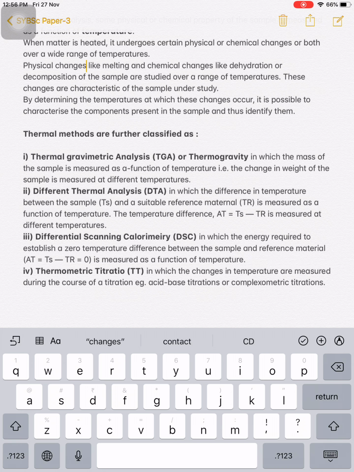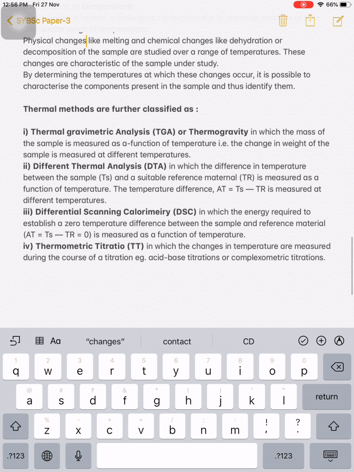So at which temperature the melting point of the component takes place, that temperature gives information about the component present in the solution.